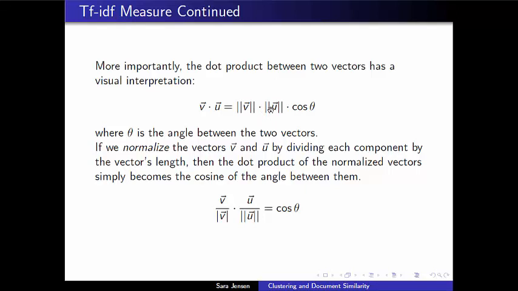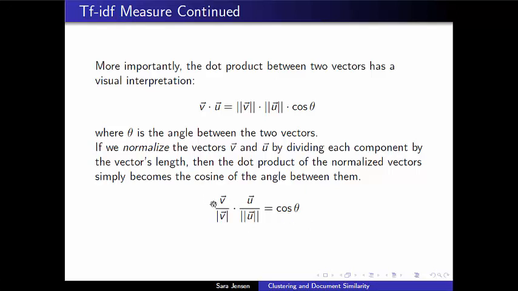And if we move those over to the other side by a division, or if we replace a vector with a unit vector that has a different length but points in the same direction as that vector, then when we take the dot product of those two unit vectors, what we get is just the cosine of the angle between them.